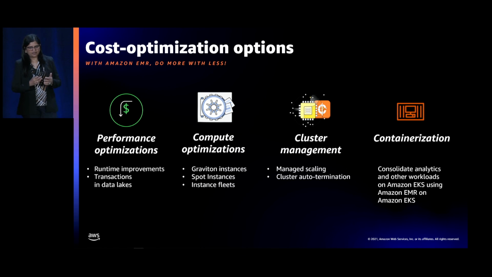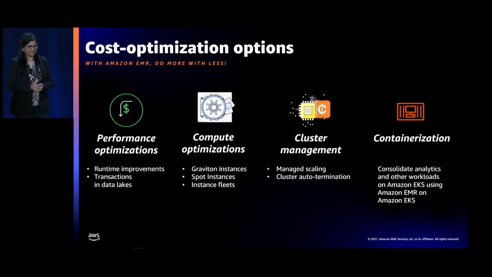And the instance fleets configuration for a cluster offers the widest variety of provisioning options for your EC2 instances. With instance fleets, you can specify a target capacity for on-demand instances and spot instances within each fleet, and when the cluster launches, Amazon EMR provisions instances until the targets are fulfilled.